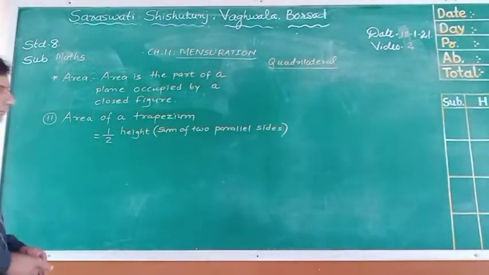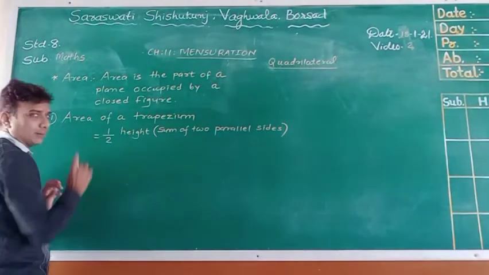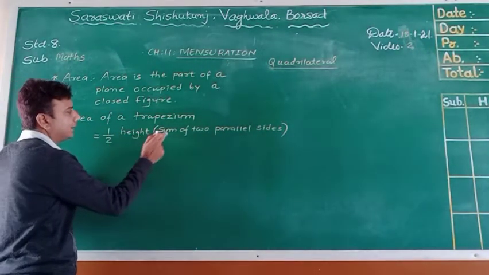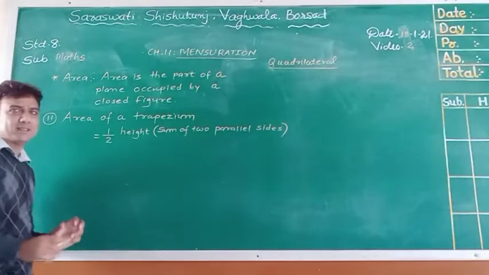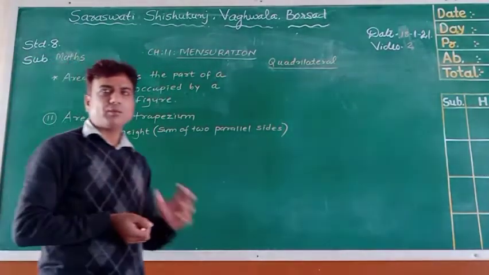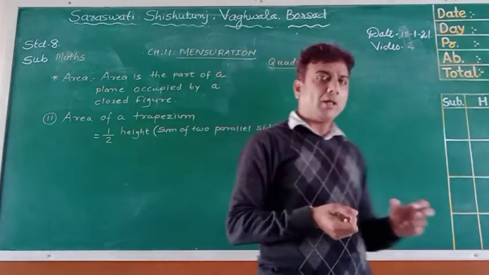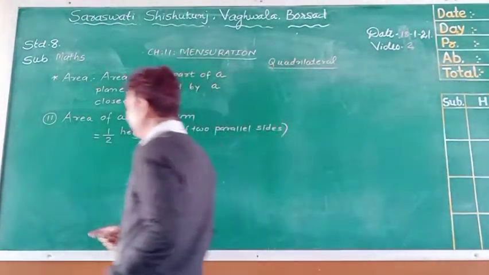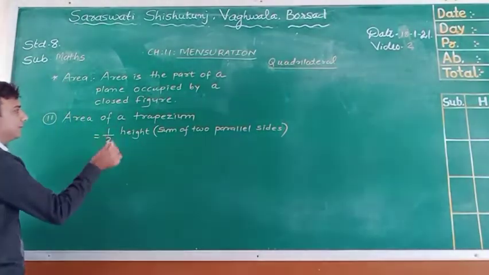This formula: area of a trapezium equal to 1/2 height in bracket sum of two parallel sides. This is the formula to find the area of a trapezium. Is it clear? So let's find the area of a trapezium.